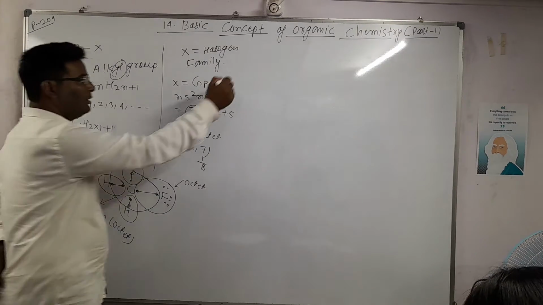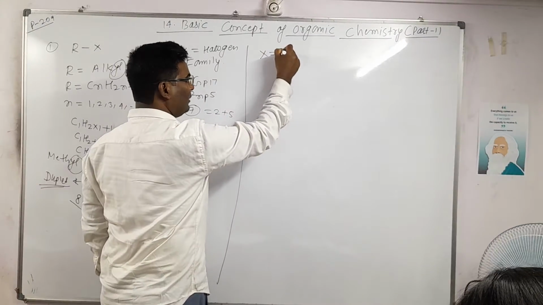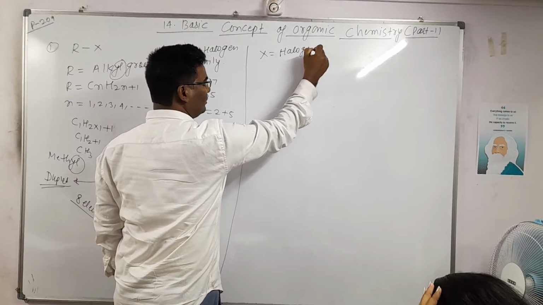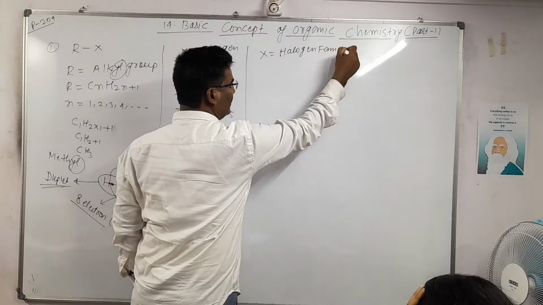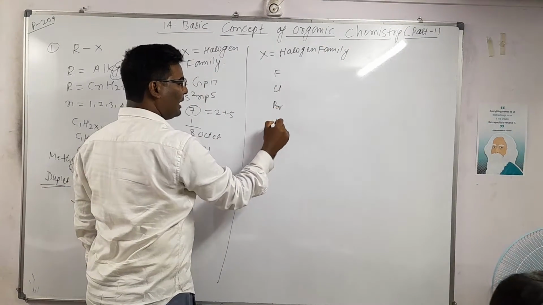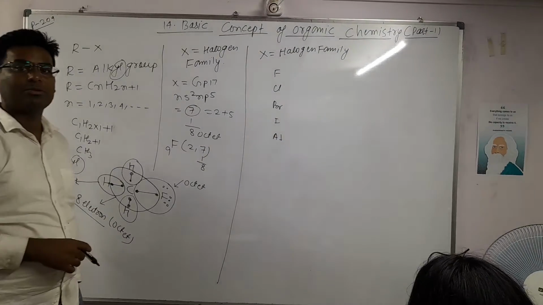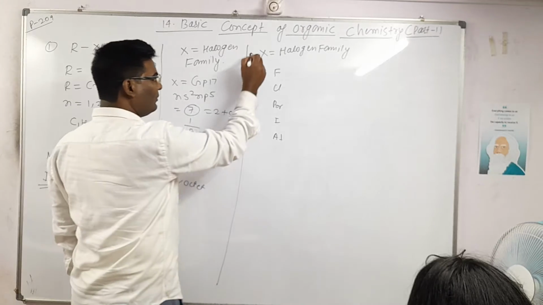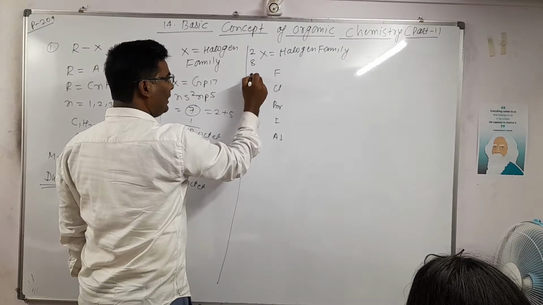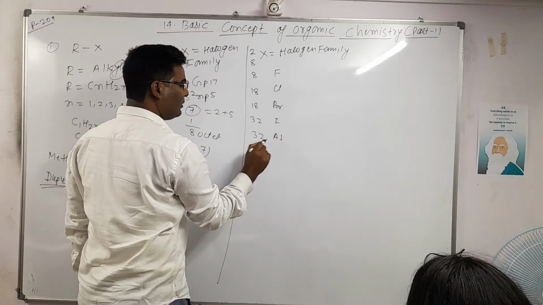So what will be the X? X is your halogen family. So the halogen family contains fluorine, chlorine, bromine, iodine, and astatine atoms. Understood? So we start from 2, 8, 8, 18, 18, 32, 32.